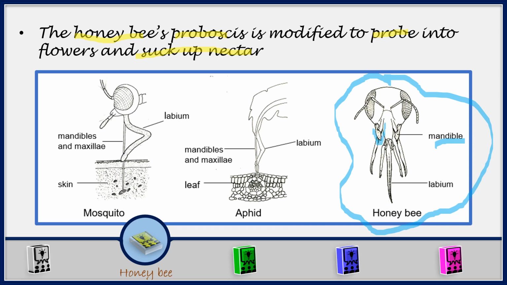And it also has the labium. It uses the labium to probe into the flowers, and using its labium, it sucks the nectar from flowers.